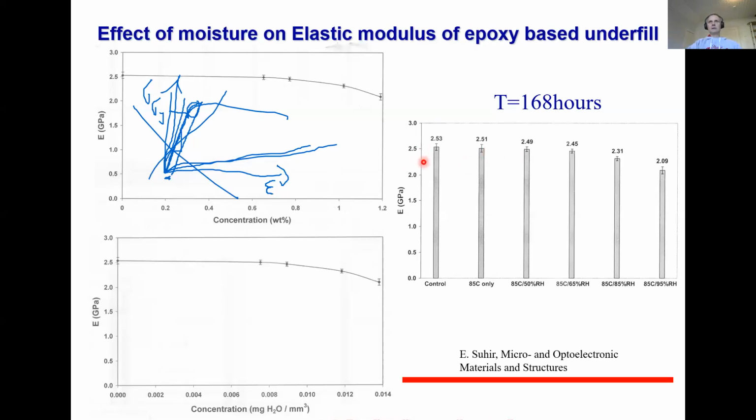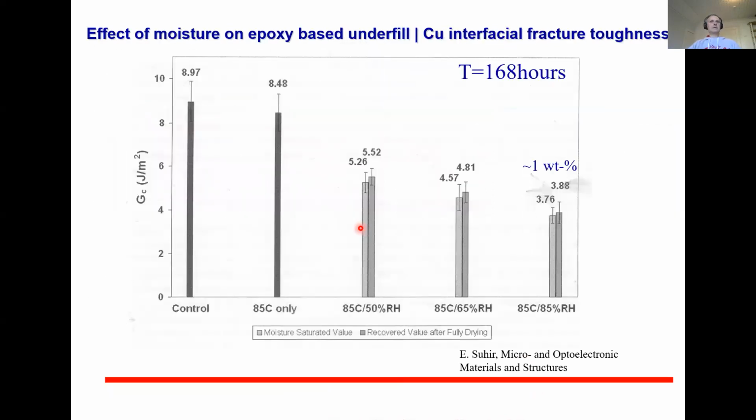And now the second example, for which we still have 3 minutes, is the strength of the interface between copper and epoxy. So imagine that you have epoxy and then copper attached to it. On the y-axis, we show the energy needed to detach this copper from the epoxy.